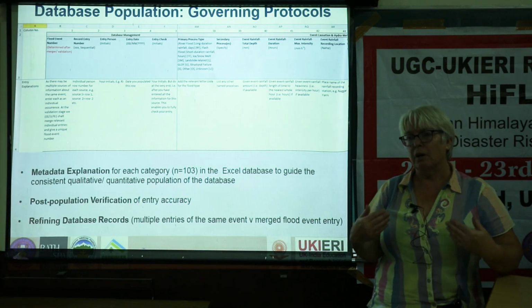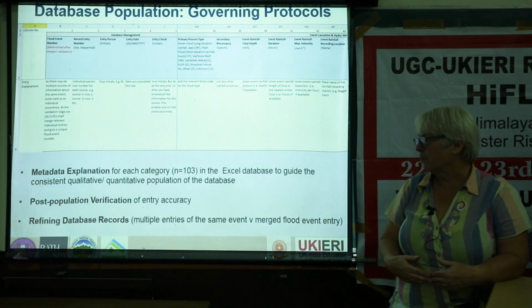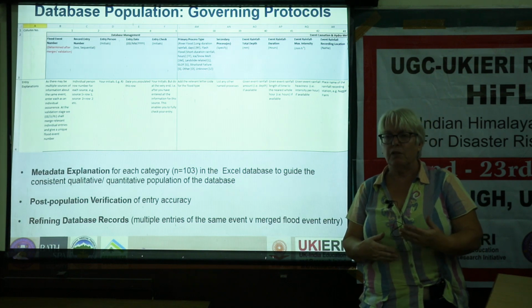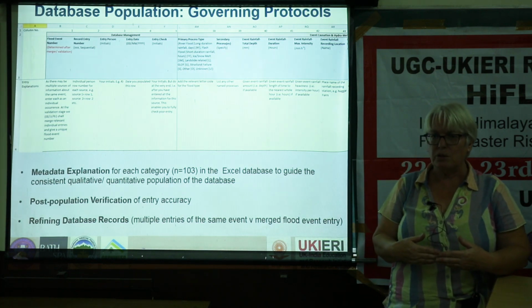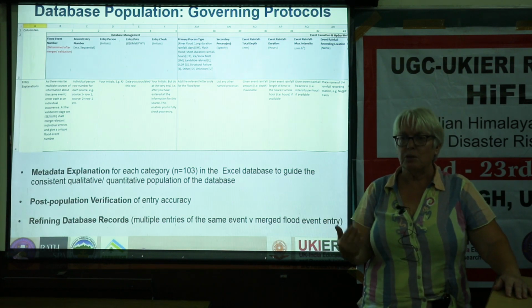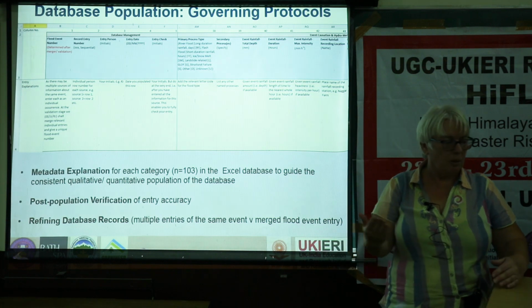And then we have a robust verification in place. For instance, we need to refine the database records where perhaps the same event is recorded multiple times, and so on and so forth.